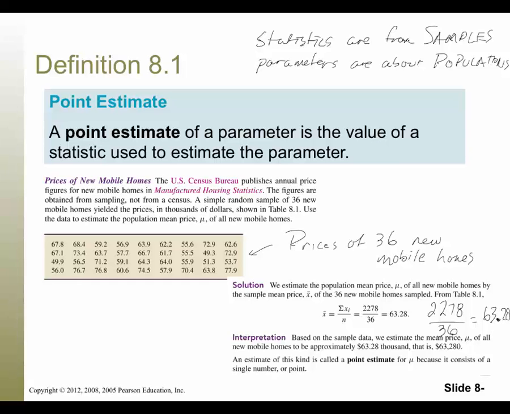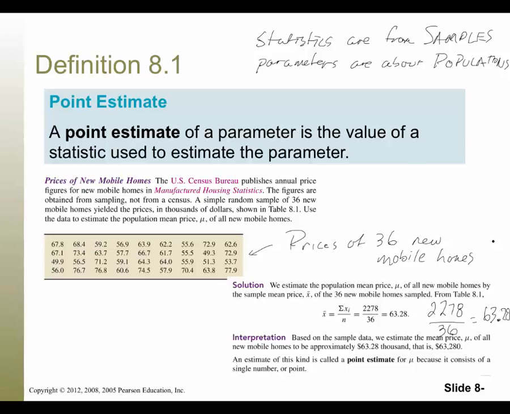So this sample mean is $63,280 on average for a mobile home. So as a point estimate, the population of all mobile homes has a mean of $63,280. Okay? So that's the idea of a point estimate.